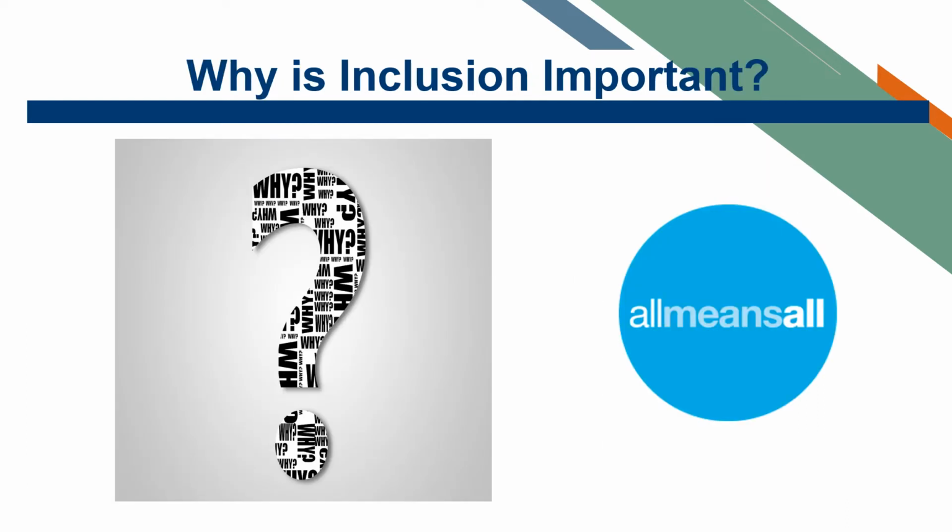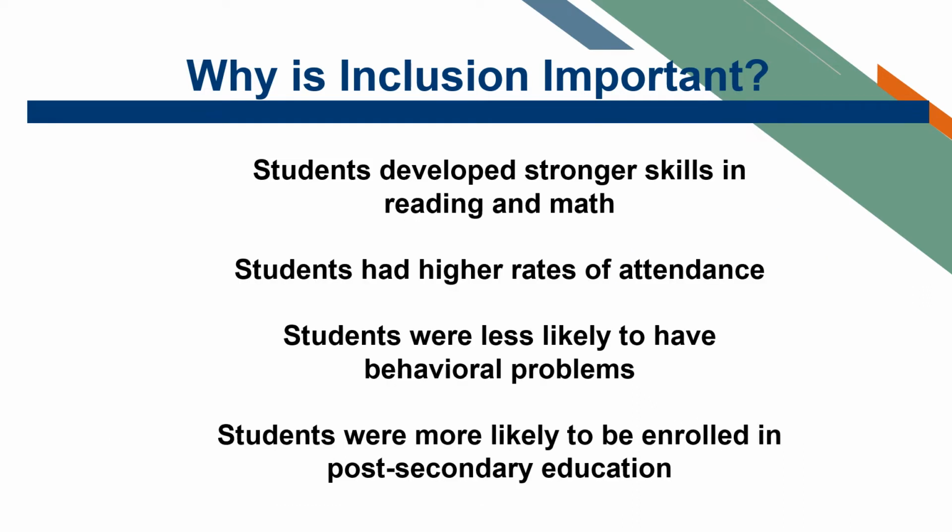Why is inclusion important? The most current research was released in 2017, and it was called A Summary of the Evidence of Inclusive Education. We know that inclusive education does work. Students develop stronger skills in reading and math. The research showed that students had higher rates of attendance.